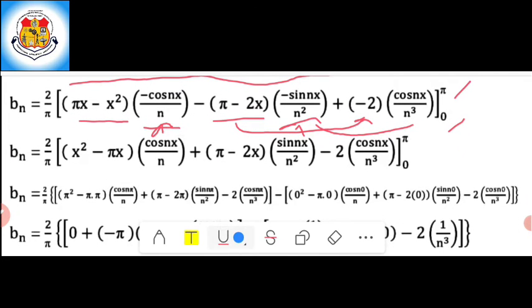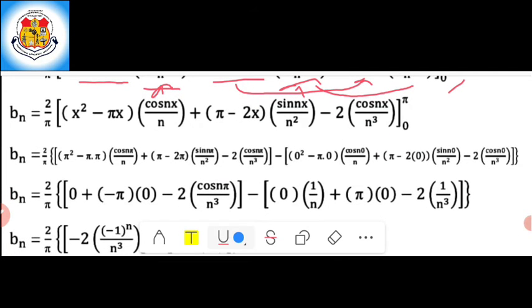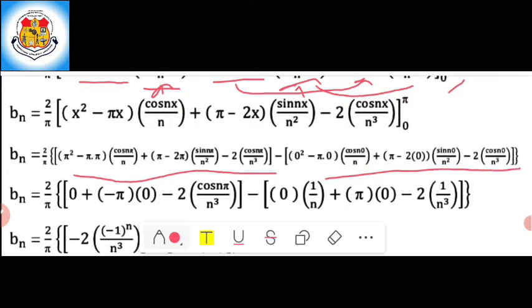So by applying the limits 0 to π, we get this step.